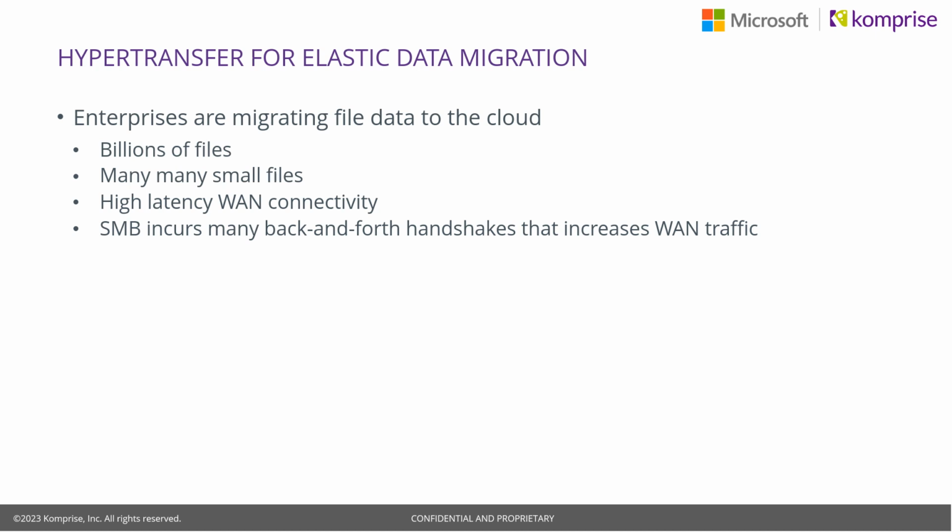That high latency WAN connectivity is something that people just kind of gloss over in their mind. One detail about SMB that a lot of people are not aware of is that the protocol itself is what we call very chatty.